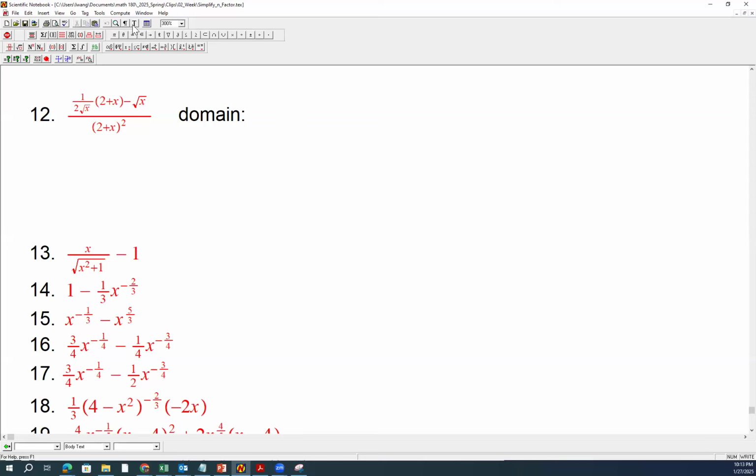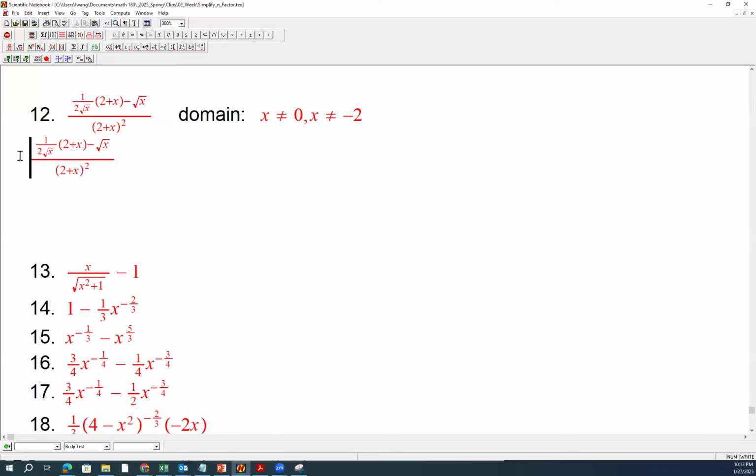So you can see x cannot be 0, and x cannot be -2. So in this domain, we simplify, we reduce it.